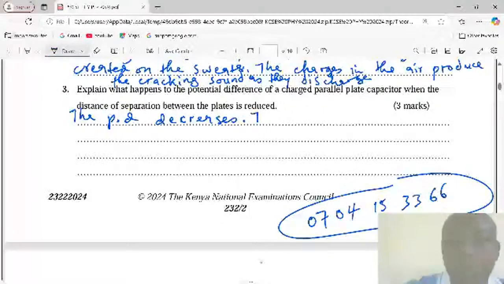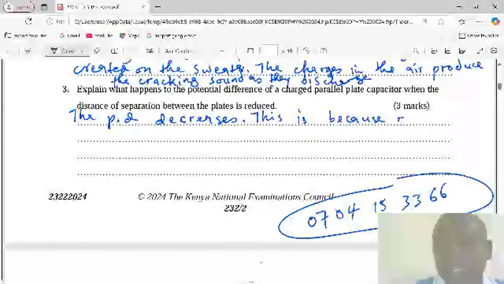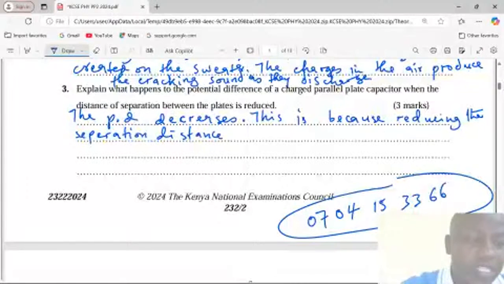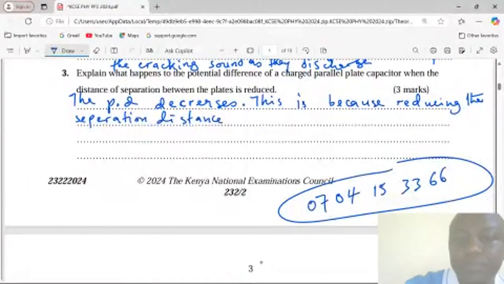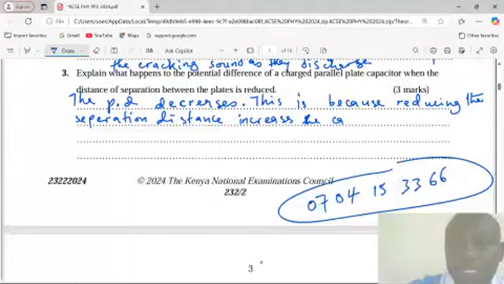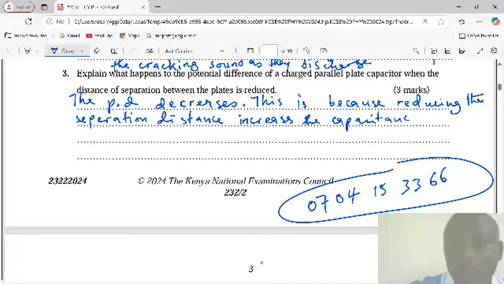Now, reducing the potential difference increases the capacitance. You should know that capacitance is usually given by Q over V, where V is the potential difference.